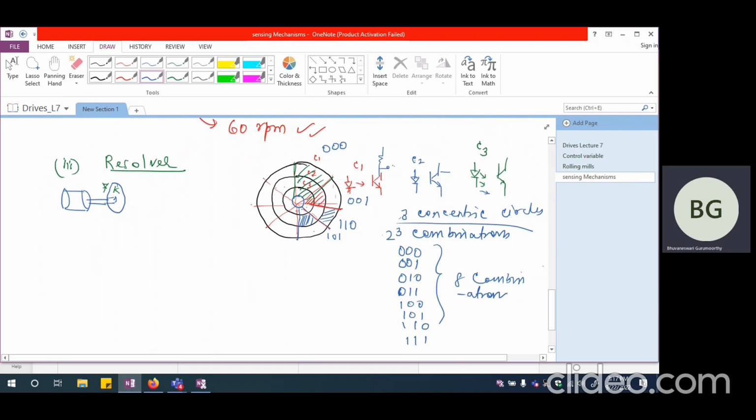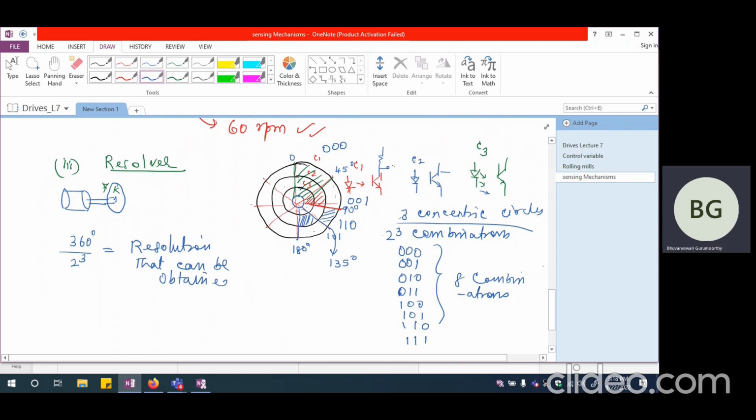That means I should be able to carve out different combinations of the disk along the 3 concentric circles. So I should be able to differentiate between 0 to 45 degrees as one sector, 45 to 90 degrees as another sector, 90 to 135 degrees as another sector, 135 to 180 degrees as the next sector, and so on. So 360 degrees divided by 2 power 3 will be the resolution that can be obtained.